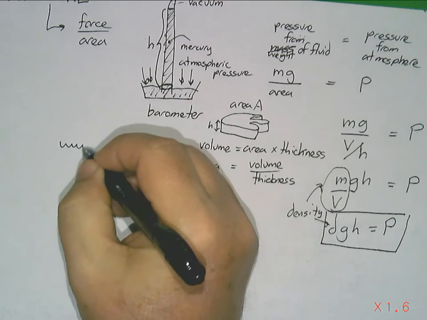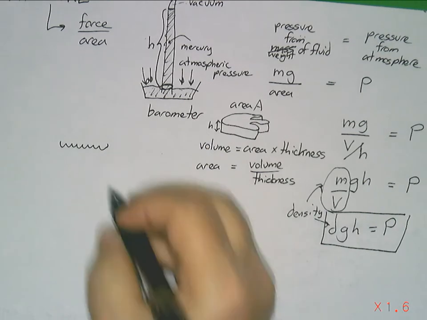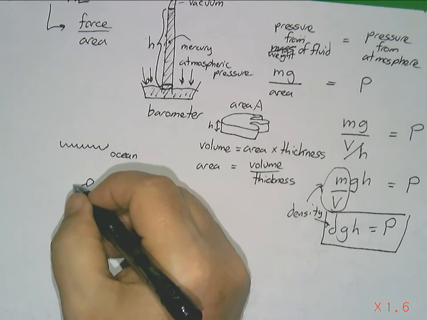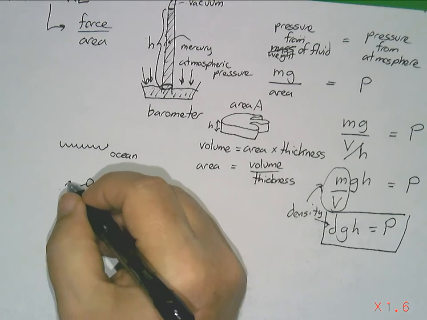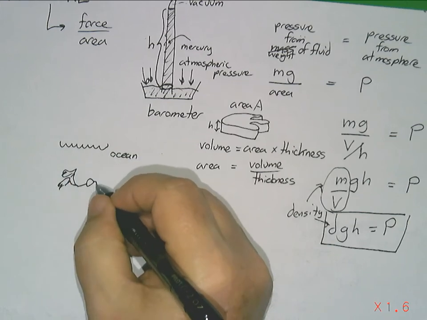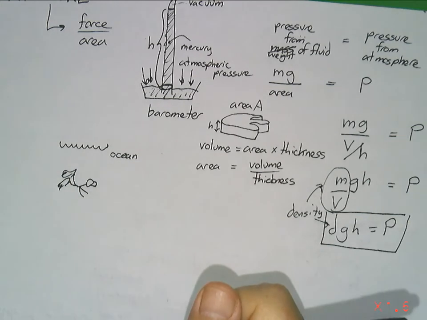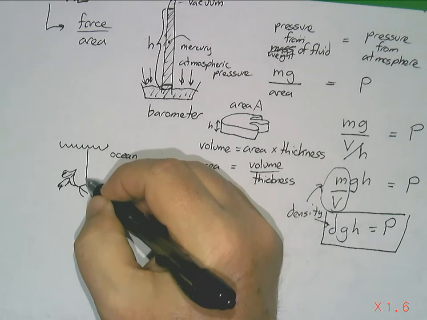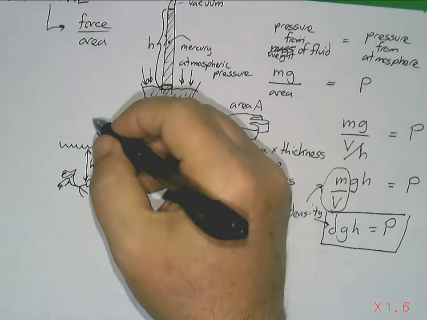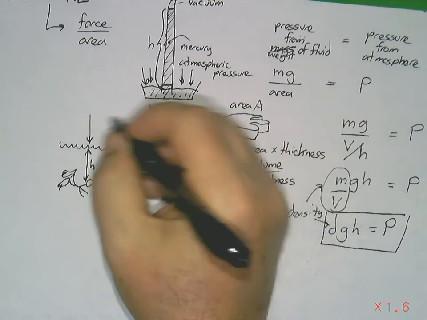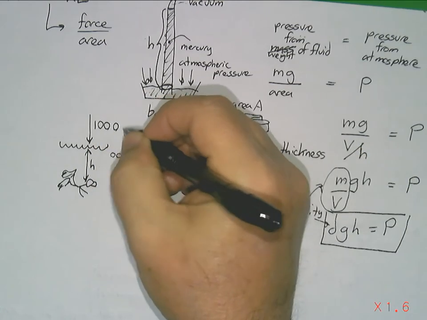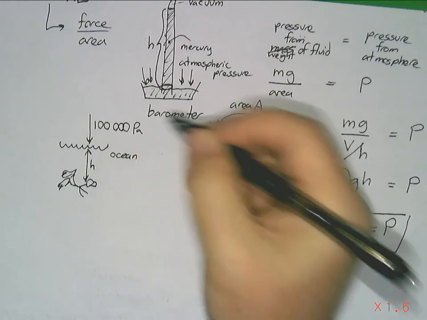For example, suppose I've got the ocean surface here, and I get a diver down here swimming. That's a terrible diver. But suppose the diver is at a depth of h. And let's suppose that on top of the ocean I have a pressure of, let's say, 100,000 pascals, which is pretty close to what atmospheric pressure is.